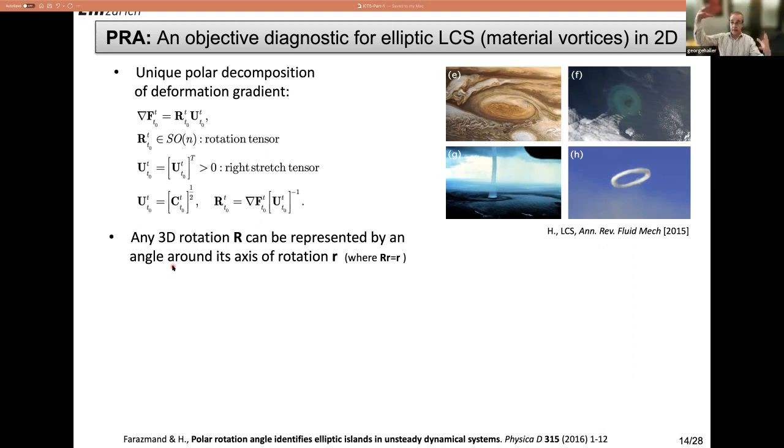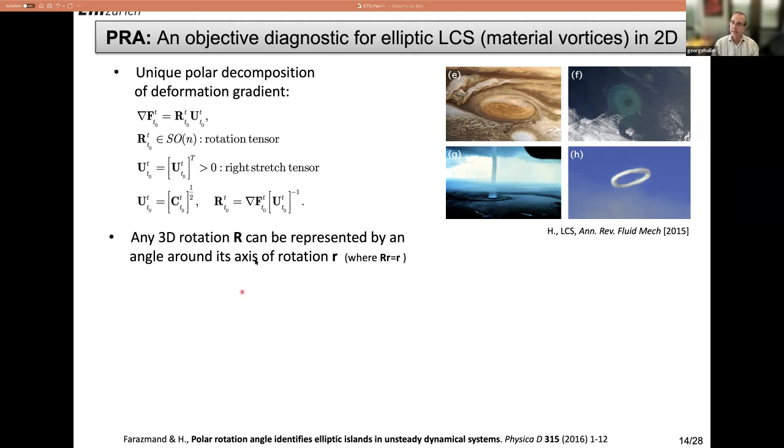Because generally speaking, we think of a 3D rotation as something very general, right? But the point is that when you look at just where you started from and where you ended, you can pick an axis and you can think of the outcome as rotation along that axis by a given angle.